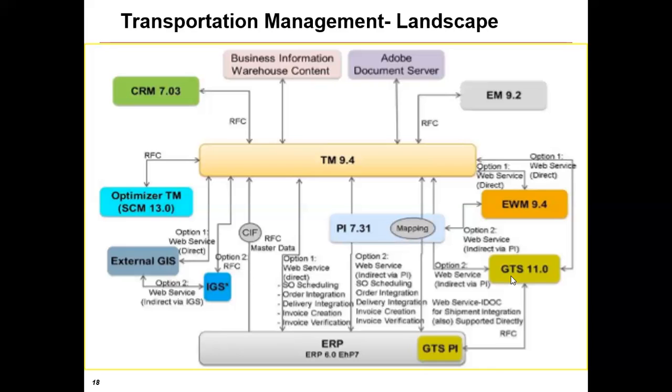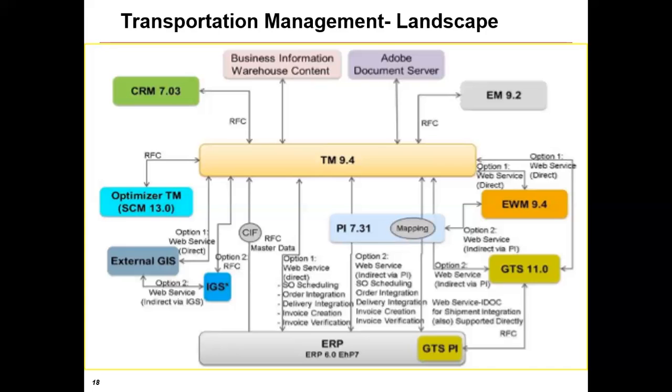Right now also we are having option 2 using the web service indirect via PI connecting to the EWM 9.4. And on the other side we can send the data to TM 9.4, 9.5.